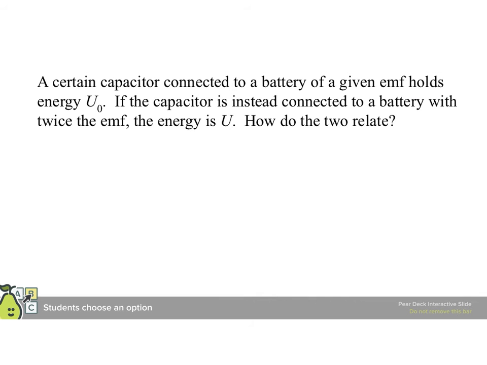All right. A certain capacitor connected to a battery of a given EMF holds some energy U_0. If the capacitor is instead connected to a battery with twice the EMF, the energy is U. How do the two relate? Well, remember that U_C is 1/2 C V squared. So if we square the EMF, then this would have been U_0, and that'd be V_0.